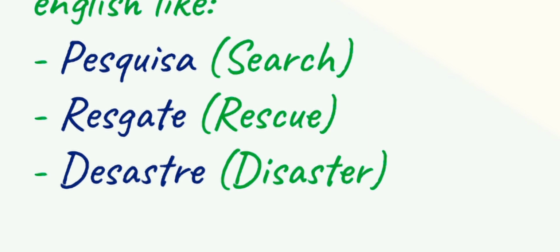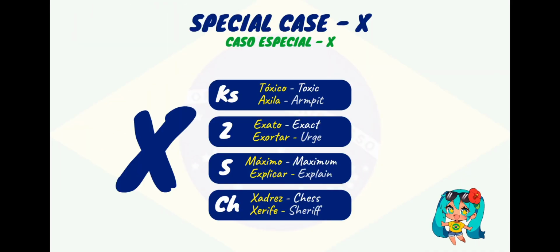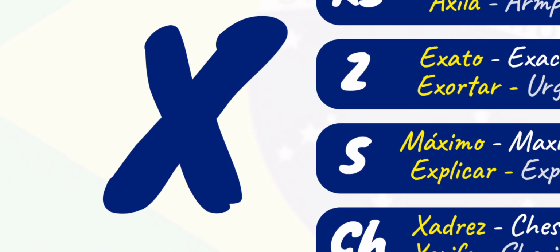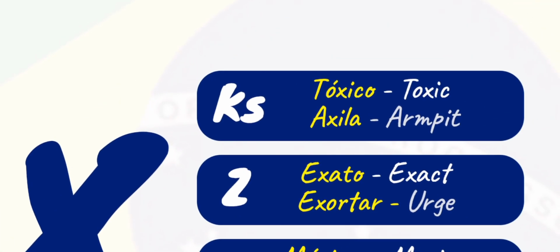So desastre. Then we go to X that has 4 ways to pronounce. But don't worry, it's simpler than it seems. So the first way to pronounce X is KS, like kiss.